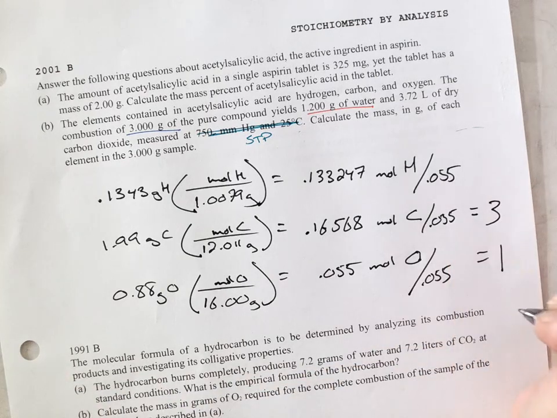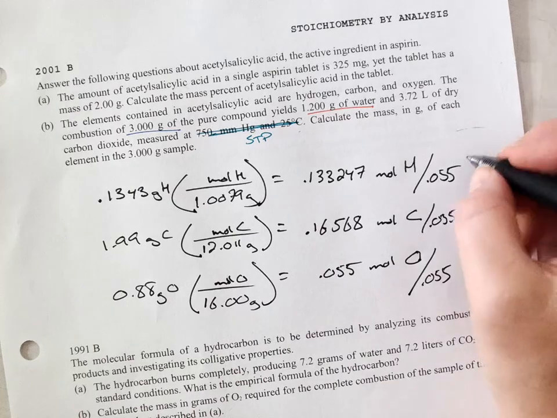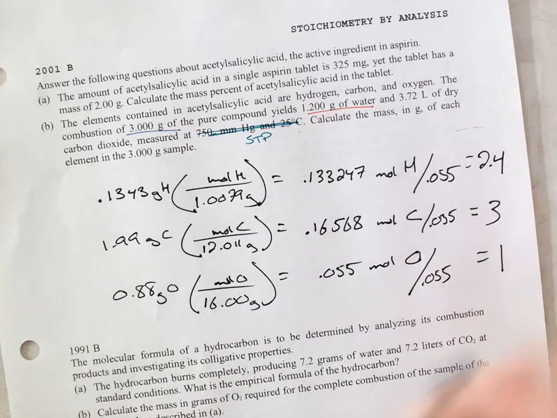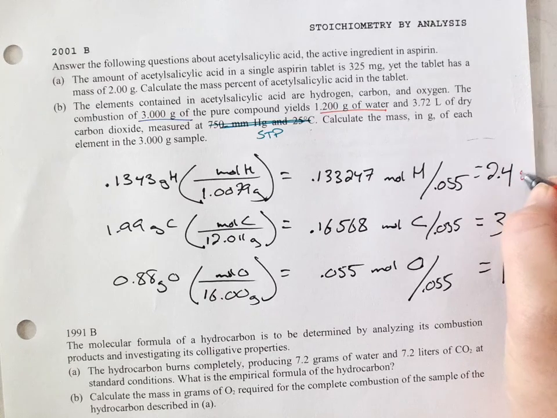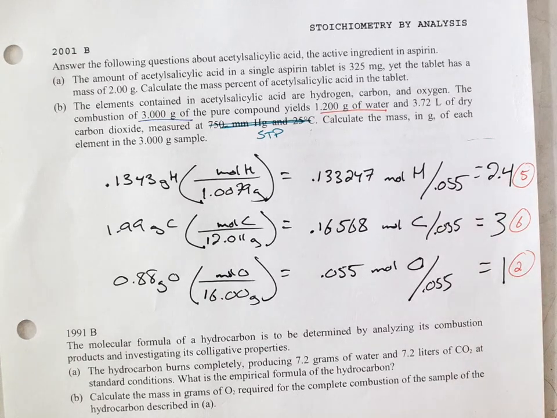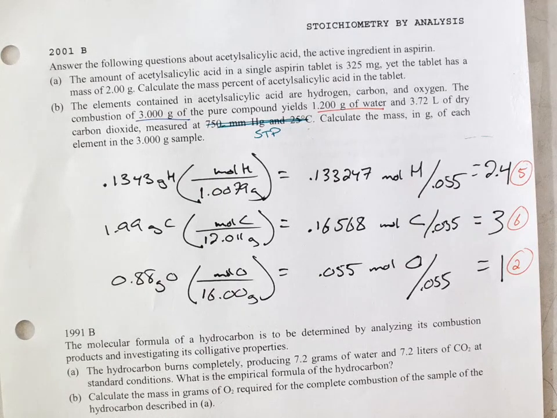About a 3 for the carbon. And a 2.4 for the hydrogen. You know what I like for this? I like 5 to 6 to 2 for simple ratios. I suspect it's something larger than that, but it is, after all, an empirical formula, which is the simplified version. Okay.